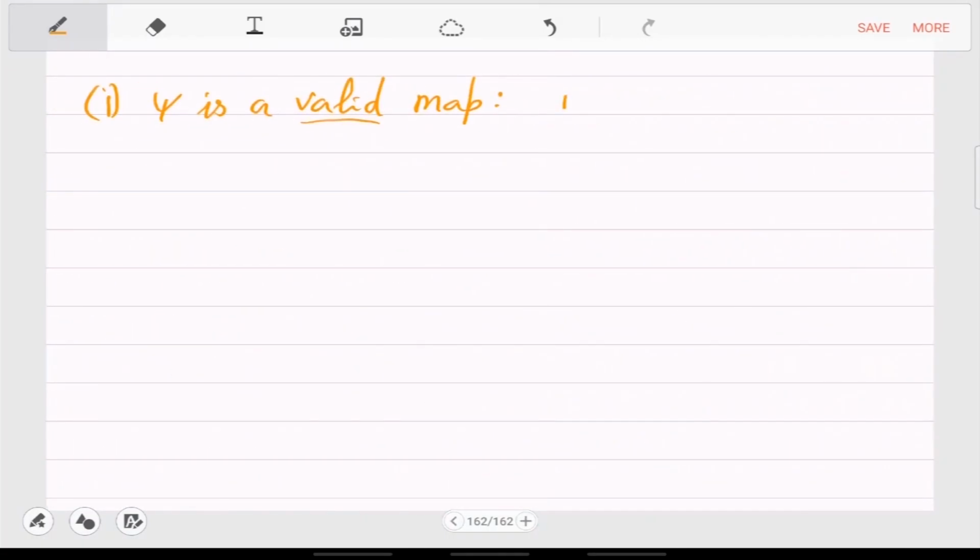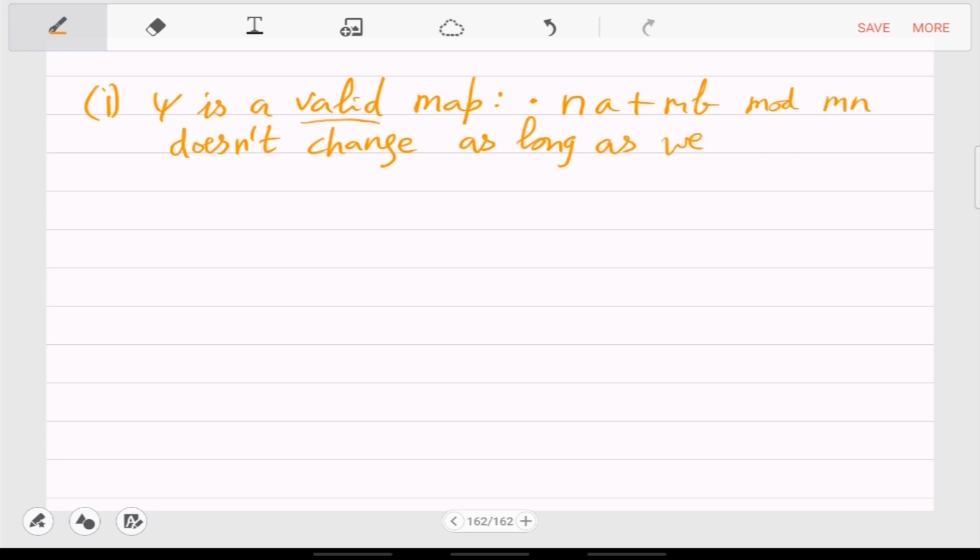So basically, NA plus MB, first of all, mod mn doesn't change as long as we pick residue classes A and B. So its value, which is a residue class, will not change.